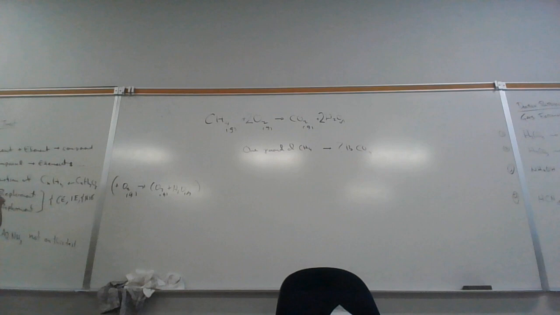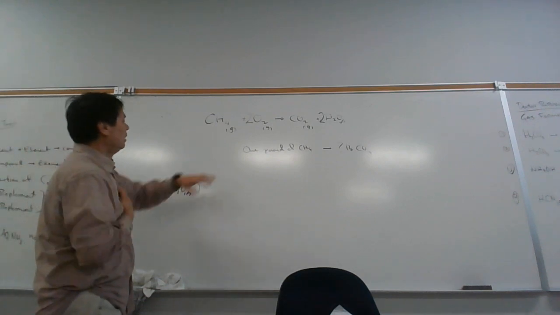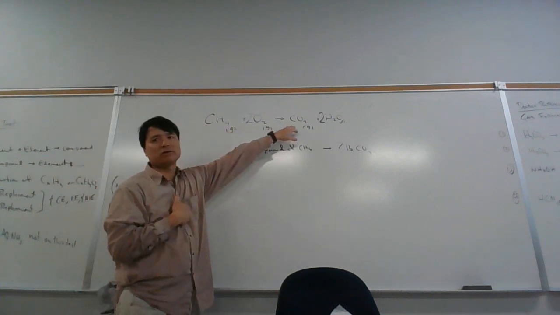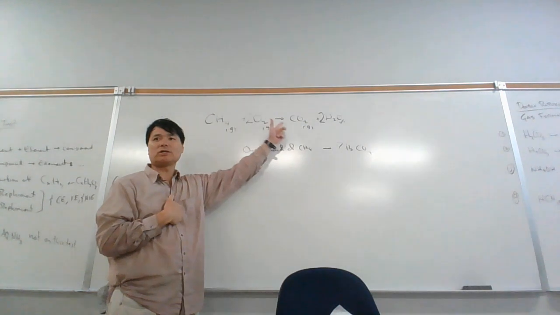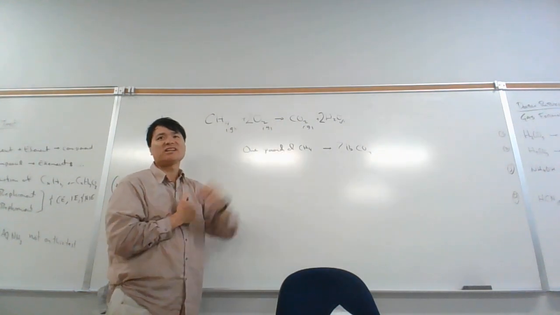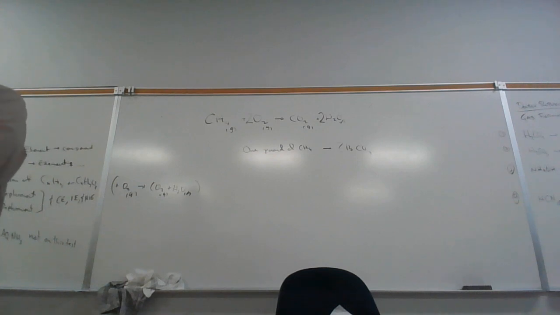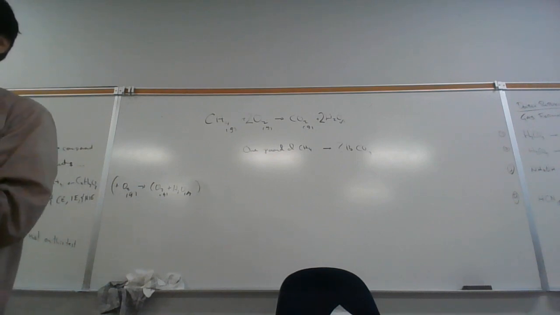If I combust exactly 1 pound of methane, how many pounds of CO2 will I form? Well, if I combust 1 pound of methane, don't I form 1 pound of CO2? It's a 1-to-1 ratio. And the answer is no, it isn't. It's a 1-to-1 mole ratio or 1-to-1 molecule ratio, but the molecules weigh different amounts.